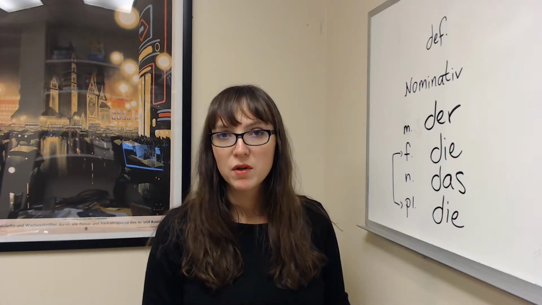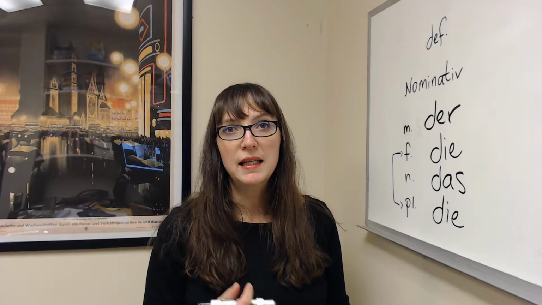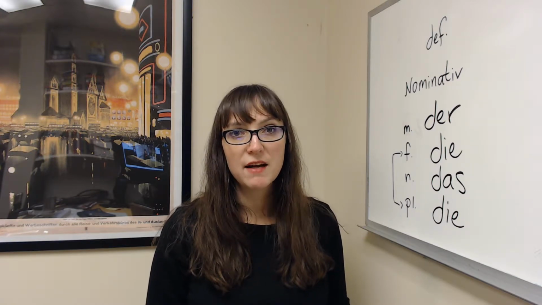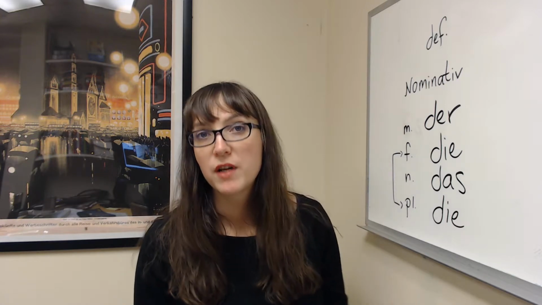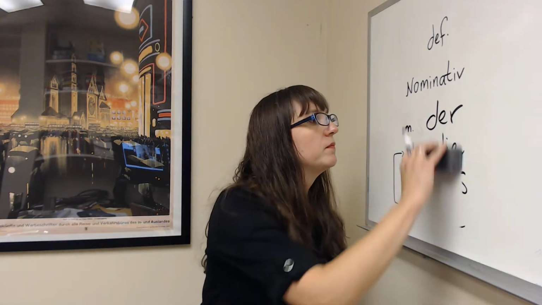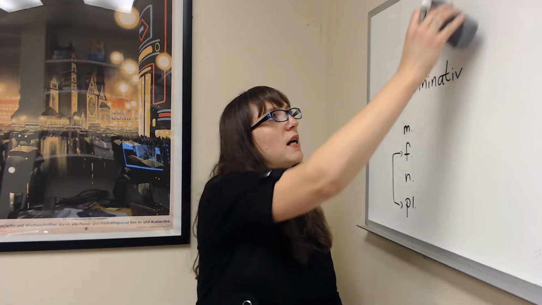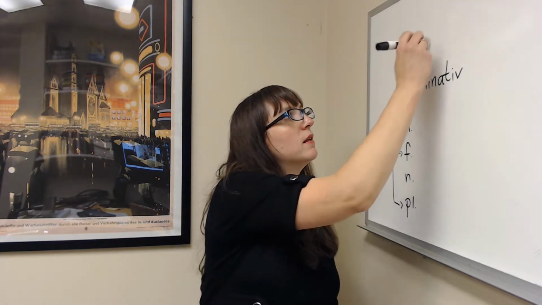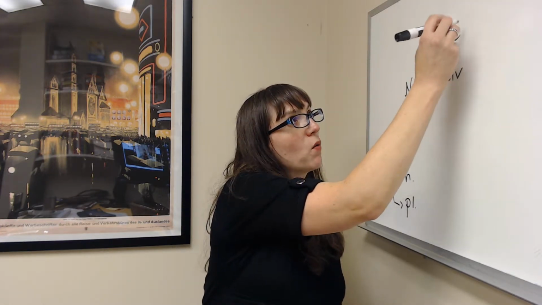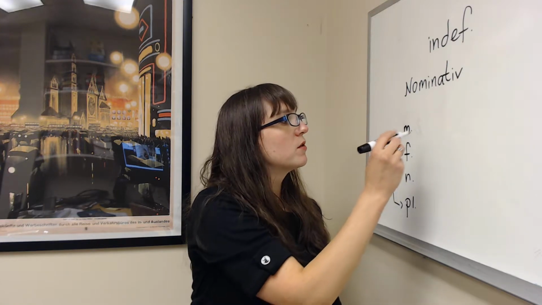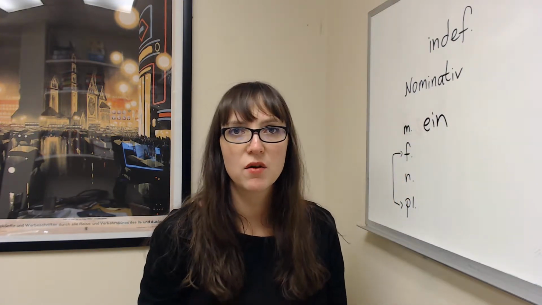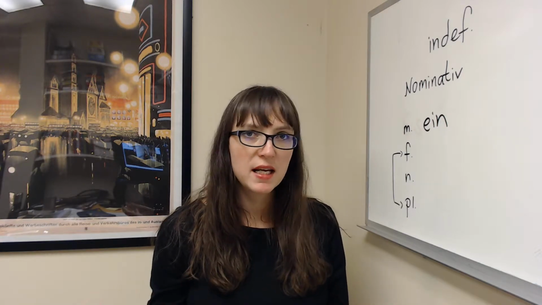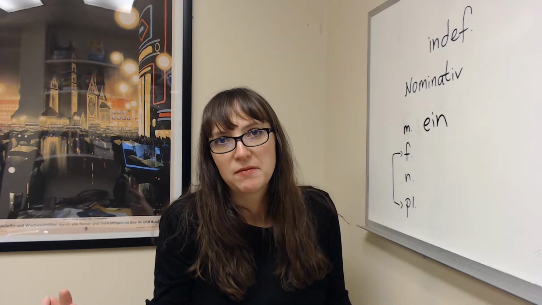But I briefly want to also introduce the indefinite articles. So indefinite articles are the various versions of ein. So you know that ein means a or one. So for masculine, it gets no ending at all, ein. So ein Student spricht, a student speaks.